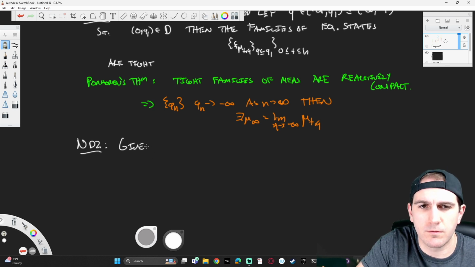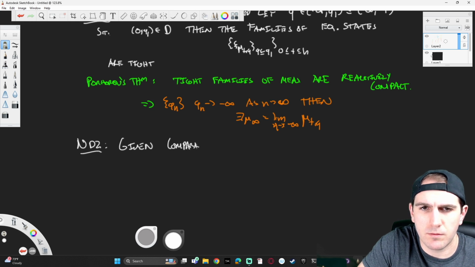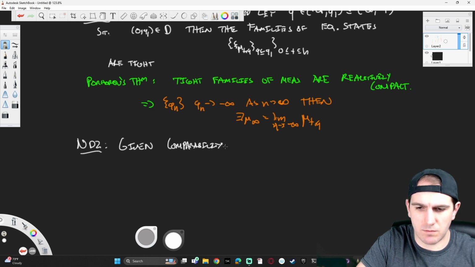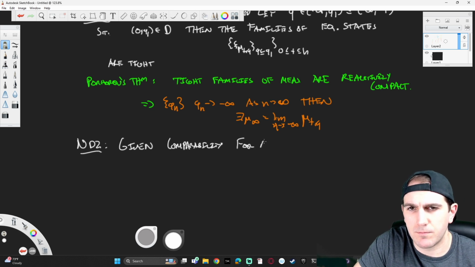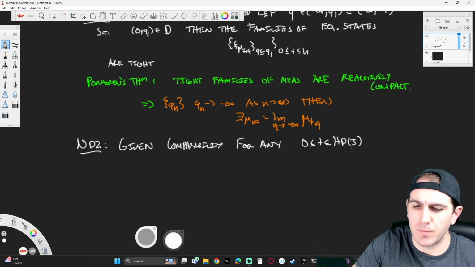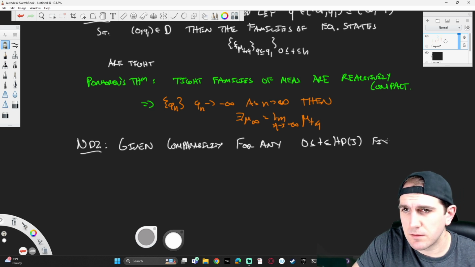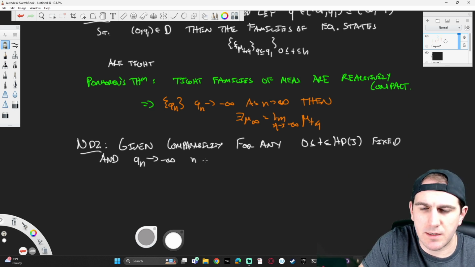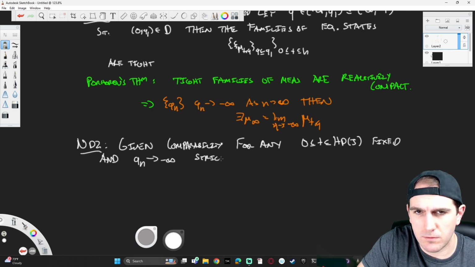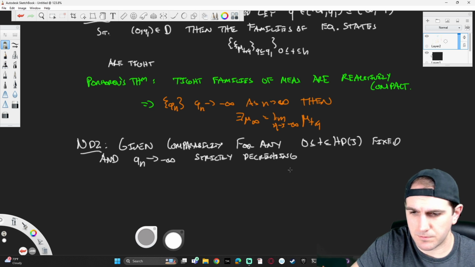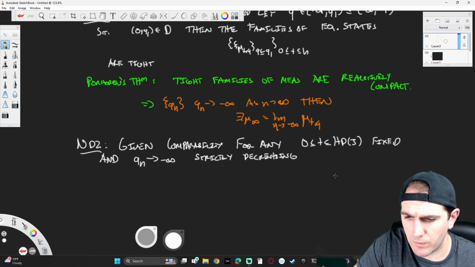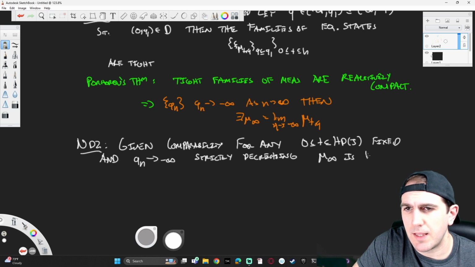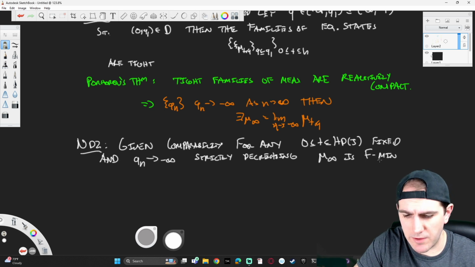So given comparability, as stated earlier, for any t fixed with 0 less than or equal to t less than or equal to the Hausdorff dimension of the limit set, and q_n going to minus infinity, strictly decreasing, mu infinity is what we call f minimizing, or rather f tilde minimizing.